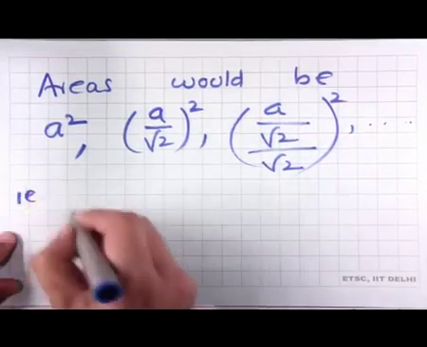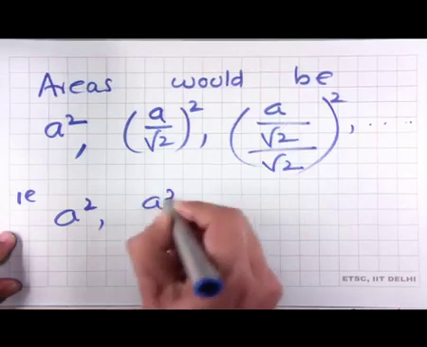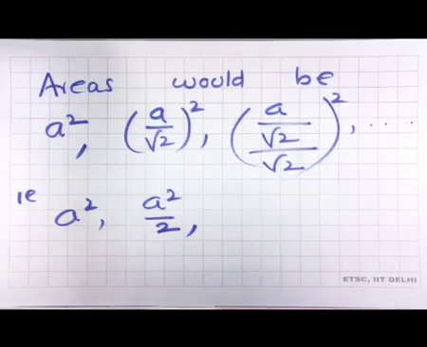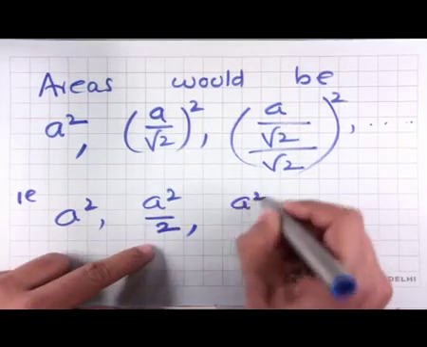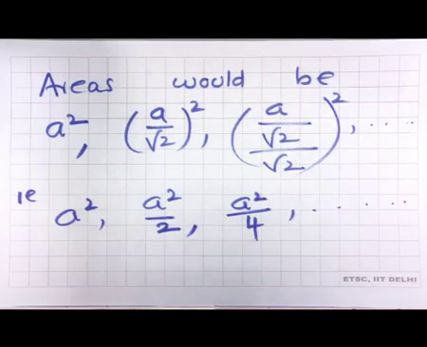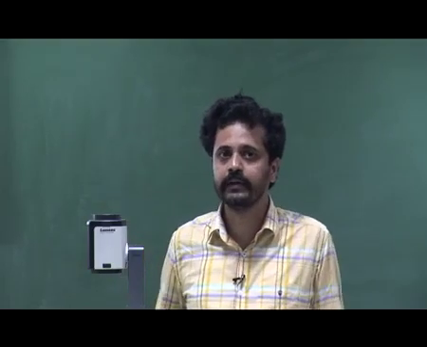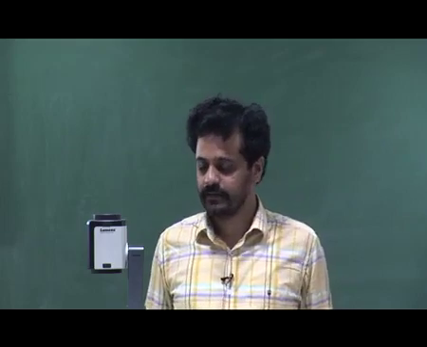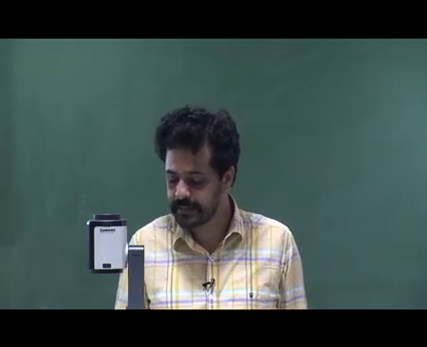That is a square by 2, a square by 4 and so on. We are asked to find the sum of areas of all the squares. That is, we have to sum these numbers.